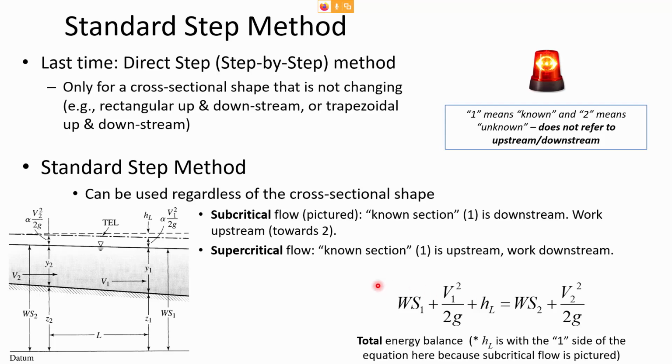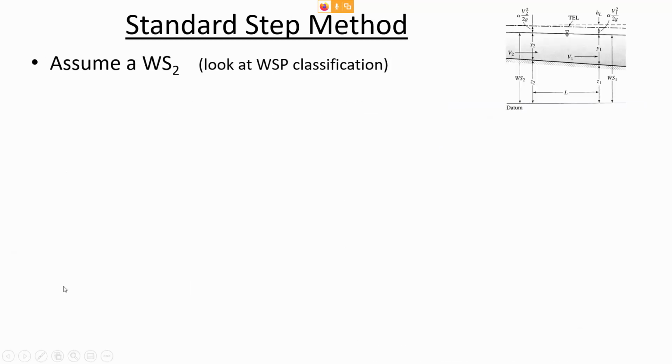So we can't calculate the head loss just as simply as multiplying the distance L by the channel slope. That doesn't work, but we do have another method. Okay, so just as the starting point, this is the energy balance behind our method. We're comparing how much energy there is at 1 to how much energy there is at 2. Now here's the method that's encapsulated in the template file I sent you.